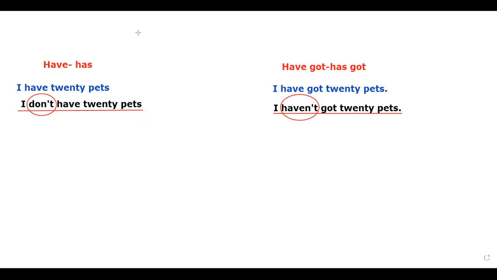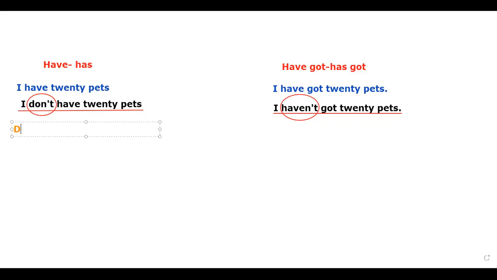Now, what about question form? For question form, it changes a lot, okay? Why? Because as I told you, when we use have or has, this is in present. That's why we are going to use the auxiliary verb, okay?